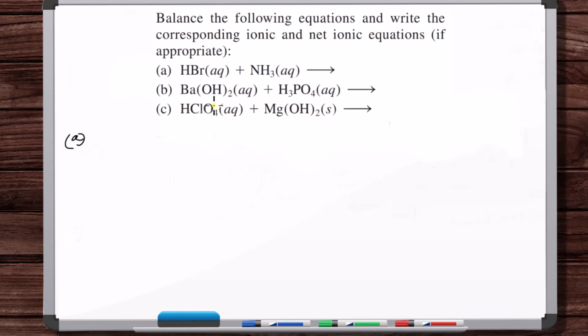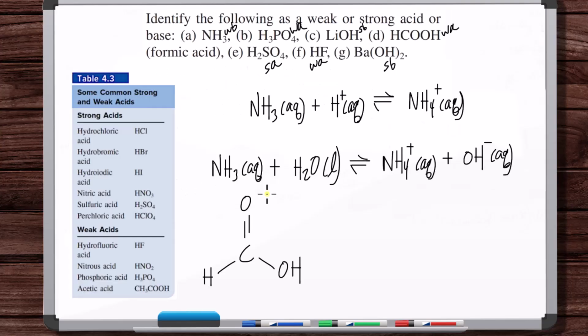Once again, to make this easier, let's start with the ionic equation. So we've got H plus aqueous, since hydrobromic acid is a strong acid. Now for NH3, we're going to think about how when we bring in the ammonia beaker, the NH3 and the H2O interact, and the result is these ions in the solution.